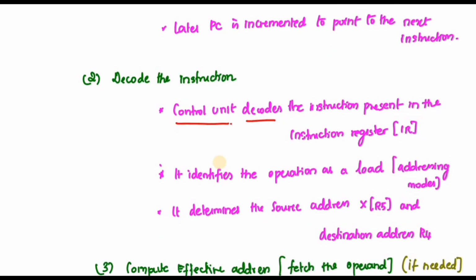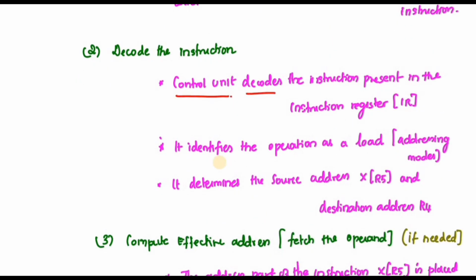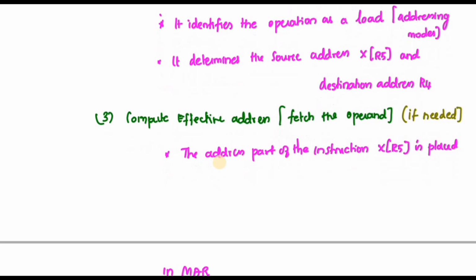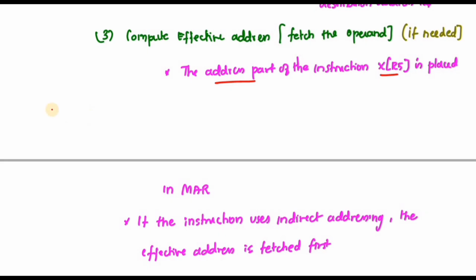The effective address computation is the optional part: if the address is given, there is no need; if not, we have to compute the effective address, which then gets stored in the MAR.